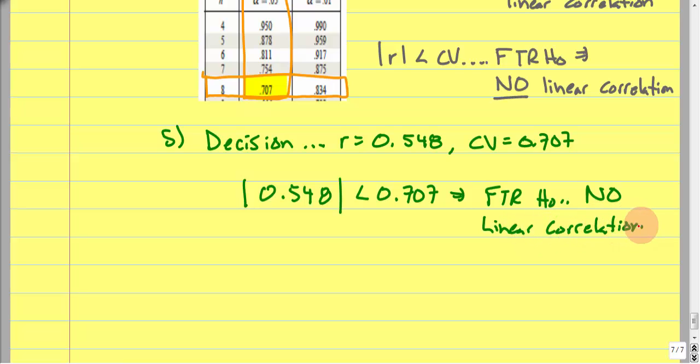Okay, so this is a first. Because there's no linear correlation, when I write my summary, I'm going to have to say linear regression is not appropriate.